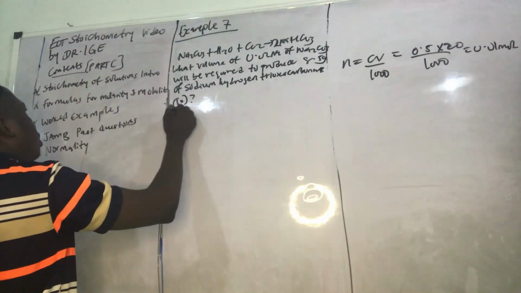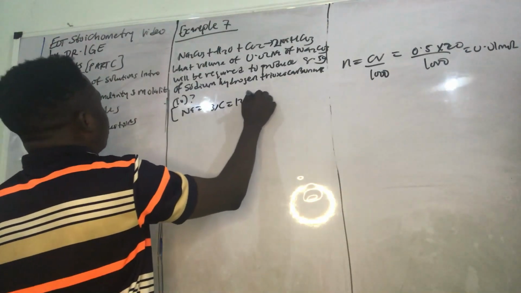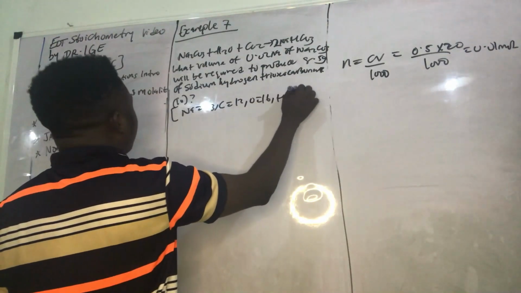That's the question. We are given that Na is 23, C is 12, O is 16, H is 1.